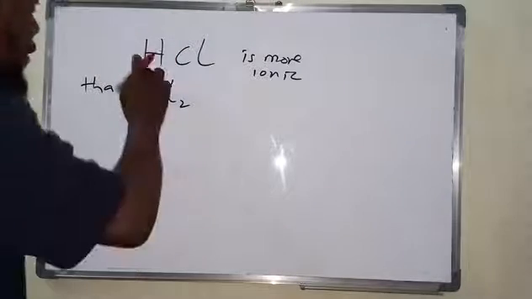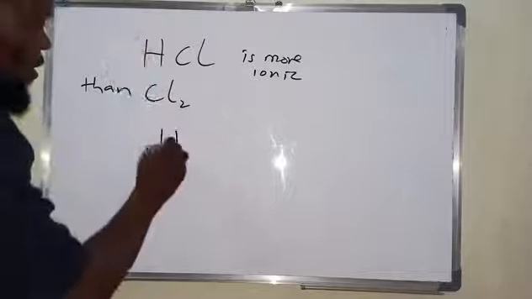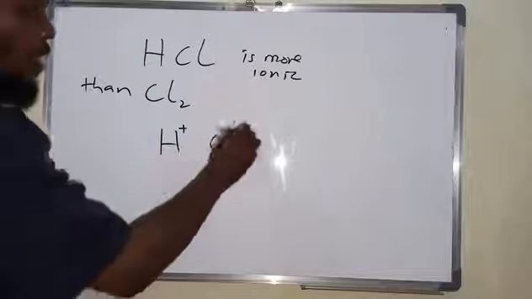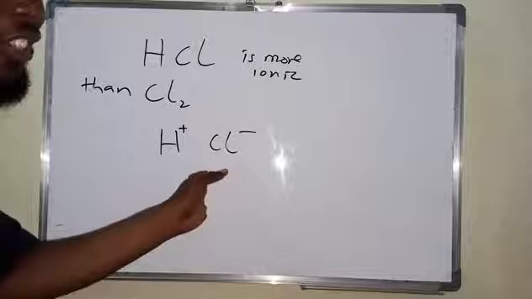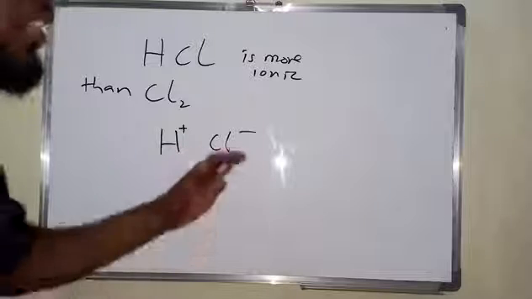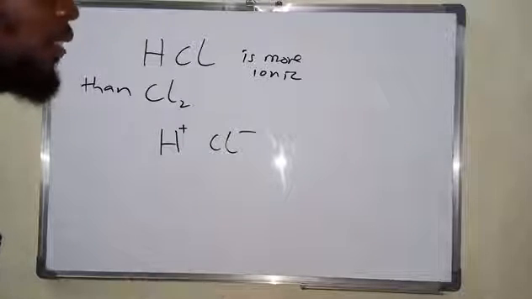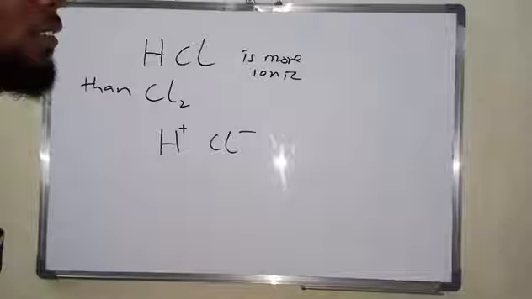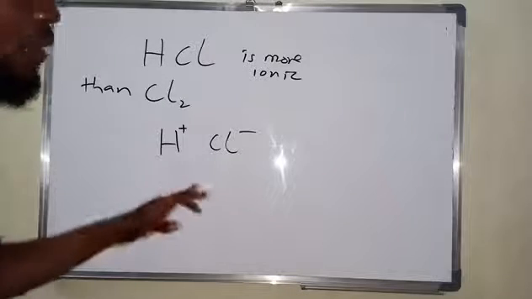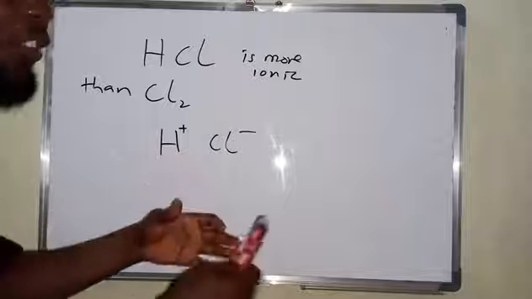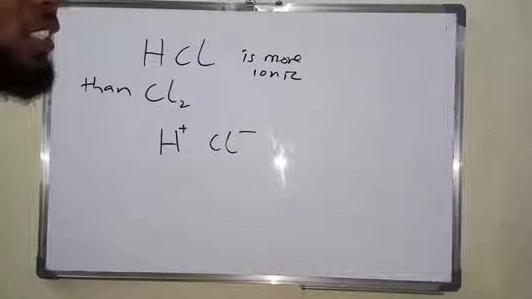So if this is ionic, for instance, it means this carries some positive charge and this carries some negative charge, because a compound is either ionic or non-ionic. A non-ionic compound is non-polar, so there is nothing like a charge between the constituent elements. But if it is ionic, it means it is a combination of two oppositely charged atoms.